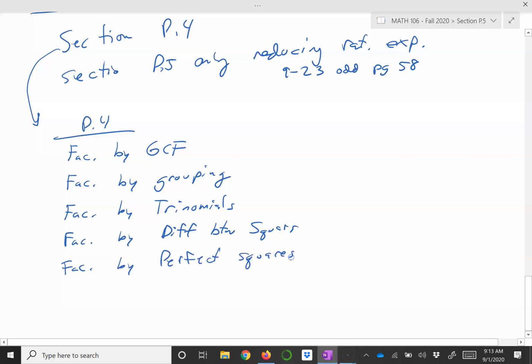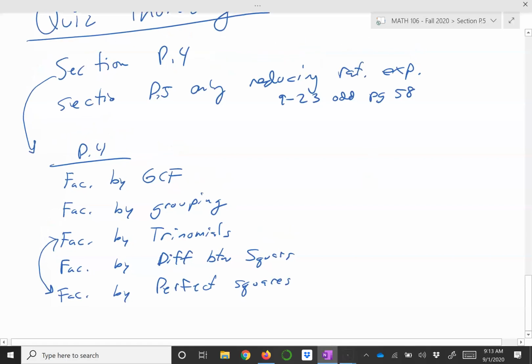But you could factor the perfect squares by doing the trinomial method. So really, these two are linked because you could solve them using the same process. So if you don't notice when you look at a problem that it's a perfect square, you could always just go back to that trinomial method.